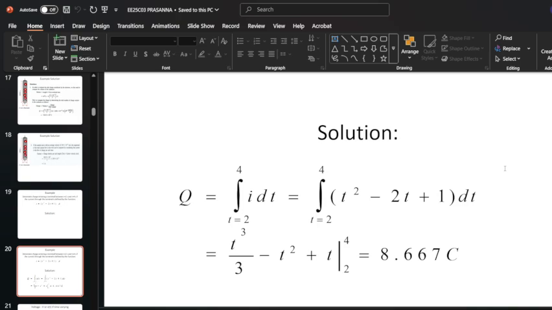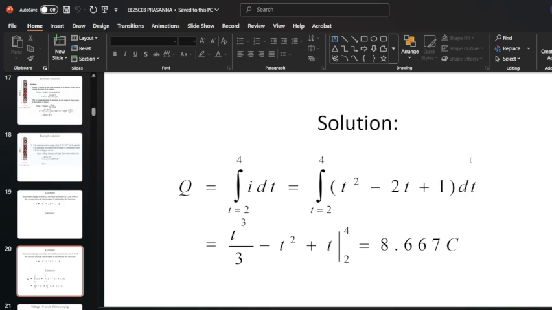We substitute the upper value, minus the lower value, instead of t. After simplification, the answer is 8.66. We can round off to 8.667 coulomb. This much charge enters from 2 to 4 seconds, right?